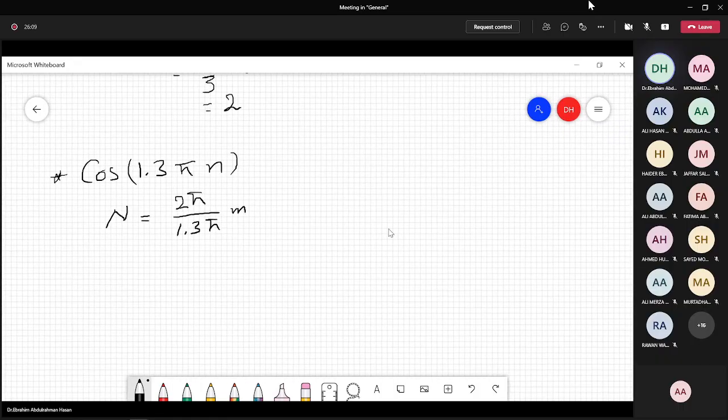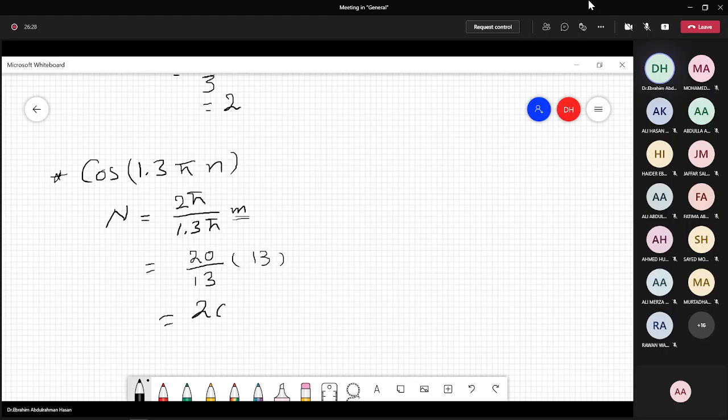So pi cancels with pi, then we are left with 20 over 13 multiplied by m. So if you let m equal to 13, an integer number, then 13 cancels with 13, and it is periodic with period equal to 20.